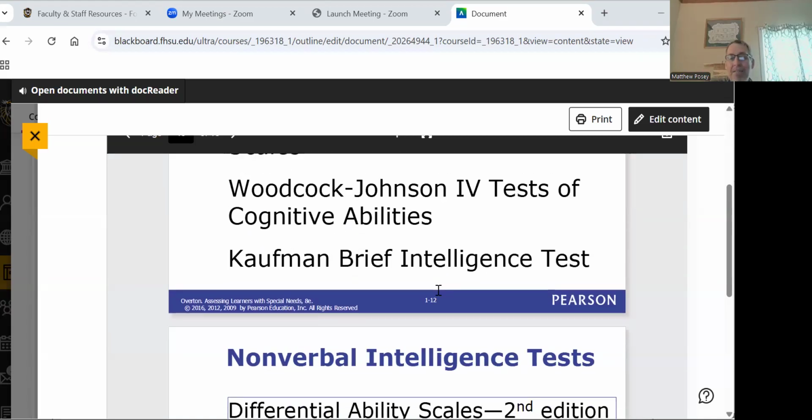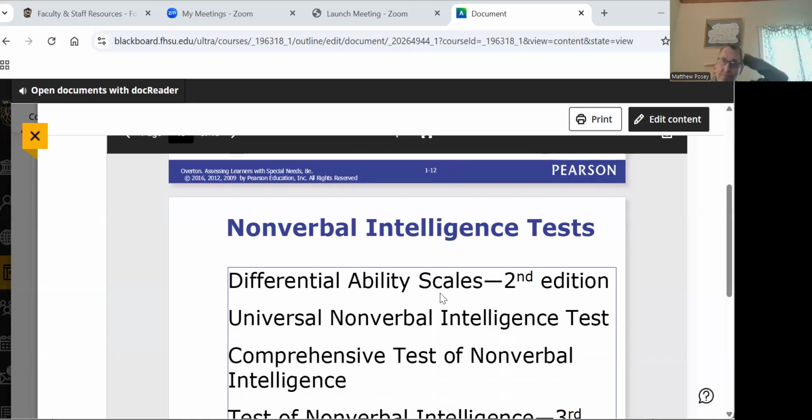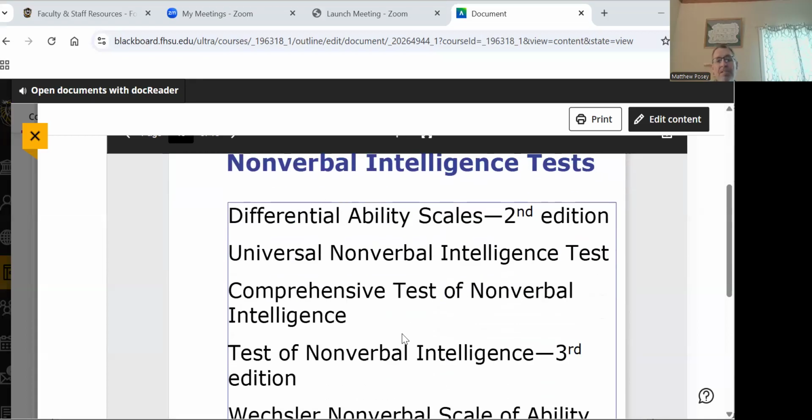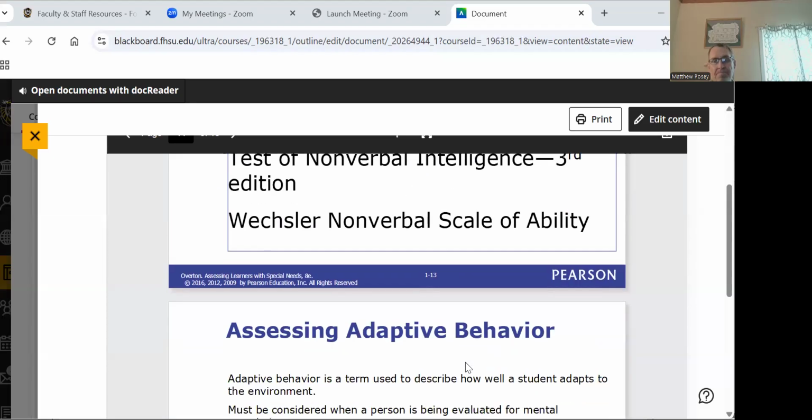The Kaufman Brief Intelligence Test is also often referred to. We do have some nonverbal IQ tests: the Differential Ability Scales, Universal Nonverbal Intelligence Test, Comprehensive Test of Nonverbal Intelligence, Test of Nonverbal Intelligence, and the Wechsler Nonverbal Scale of Ability.